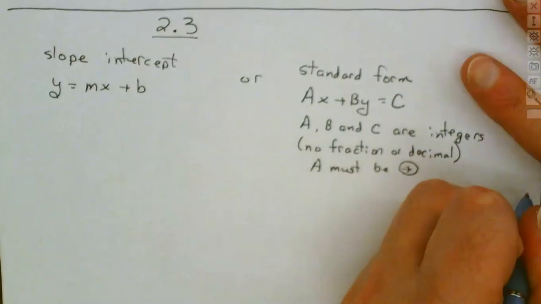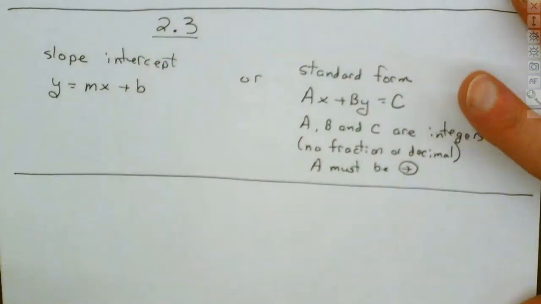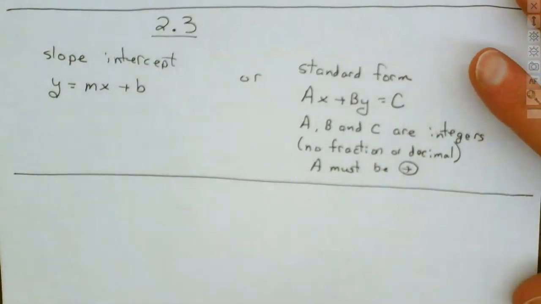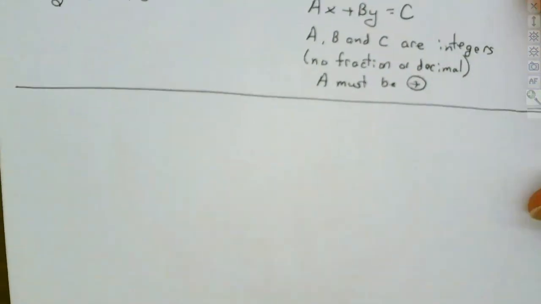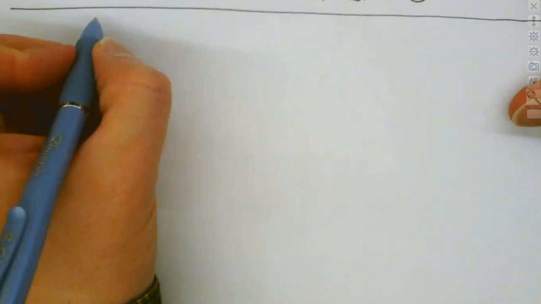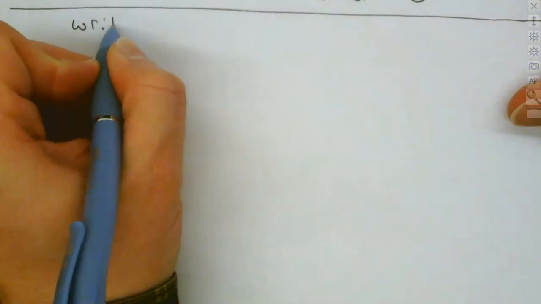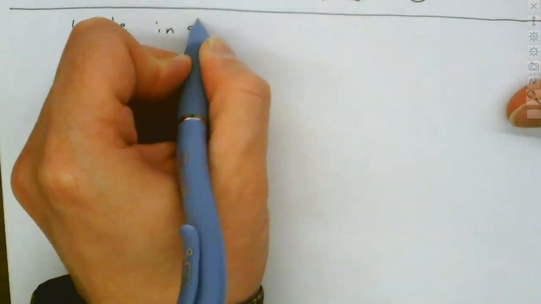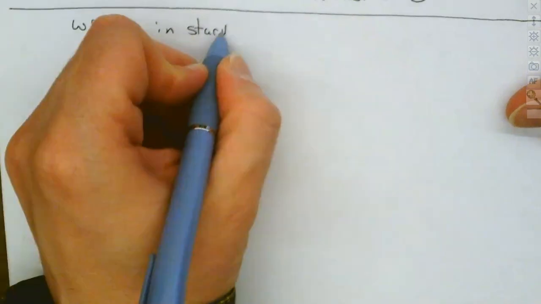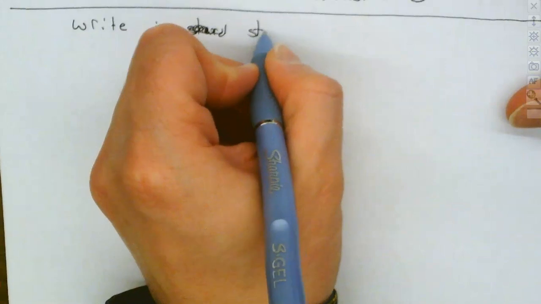So first off, we're going to learn how to convert these, from either slope-intercept to standard or vice versa. So we'll do probably 3 or 4 of these, and then we'll look at how to come up with our equations. So the first one I'm going to have you do is write this in standard form.